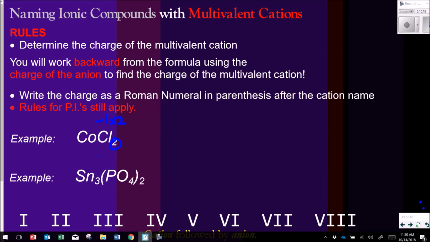So that's a total of -2. To balance that out, the charge on the cobalt side had to be +2. And since I only have 1 cobalt ion here, my final name is cobalt(II) chloride.